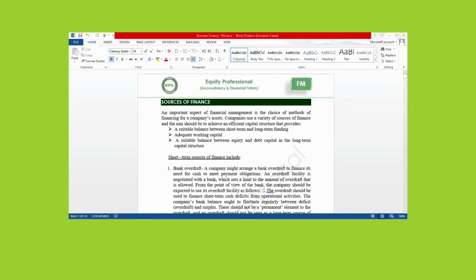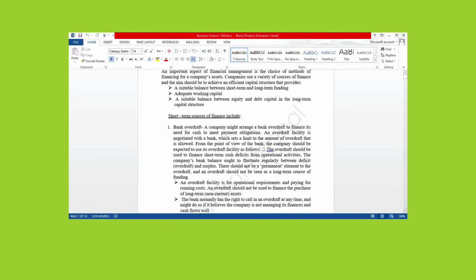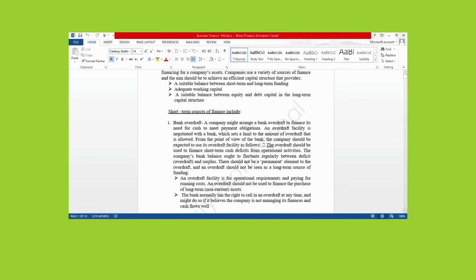So we have classified finance sources into two. The first category is short-term sources of finance. This includes bank overdraft. Number one is bank overdraft. A company can borrow money.